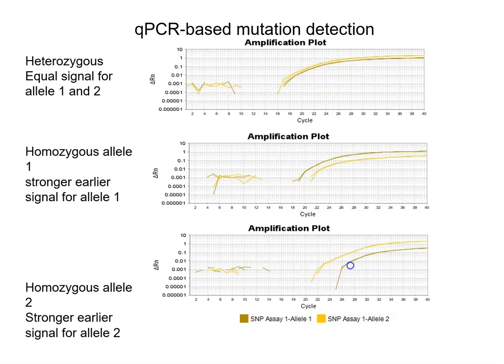So we call this mutation the V600E mutation. That's the change on the amino acid. The DNA change has got a different code, but we know exactly where it is, so we can design one probe that recognises the wild type sequence, one probe that recognises the mutant sequence, and then we can use this assay to screen melanoma samples to ask the question, is this mutation present?